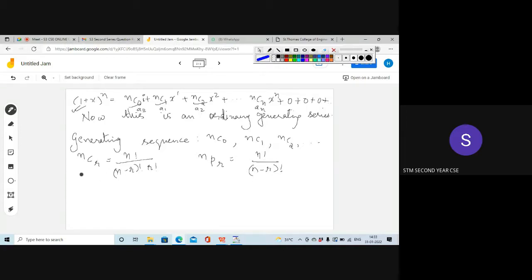So we have written the formula for nCr, and we know the formula of nPr also. So how can we combine these two formulas? See, this part is similar here and here.